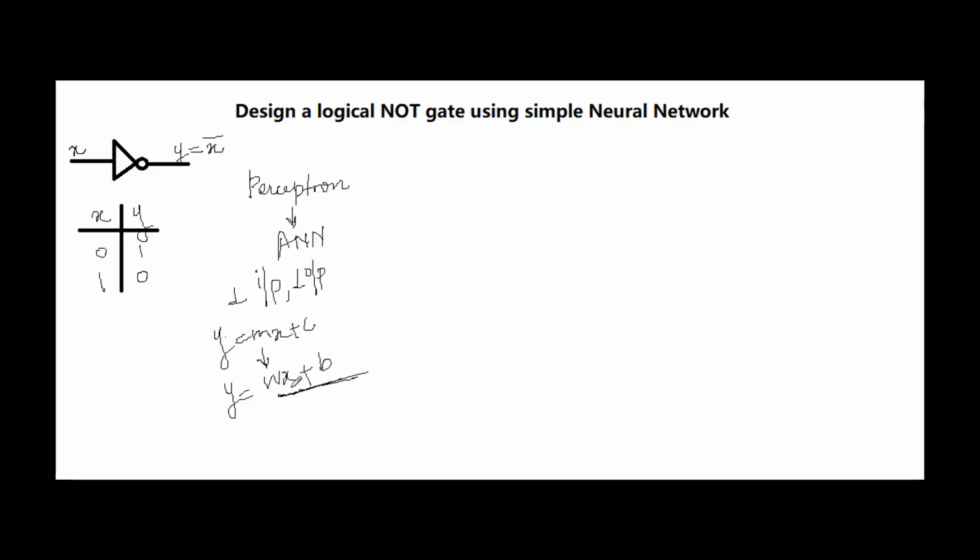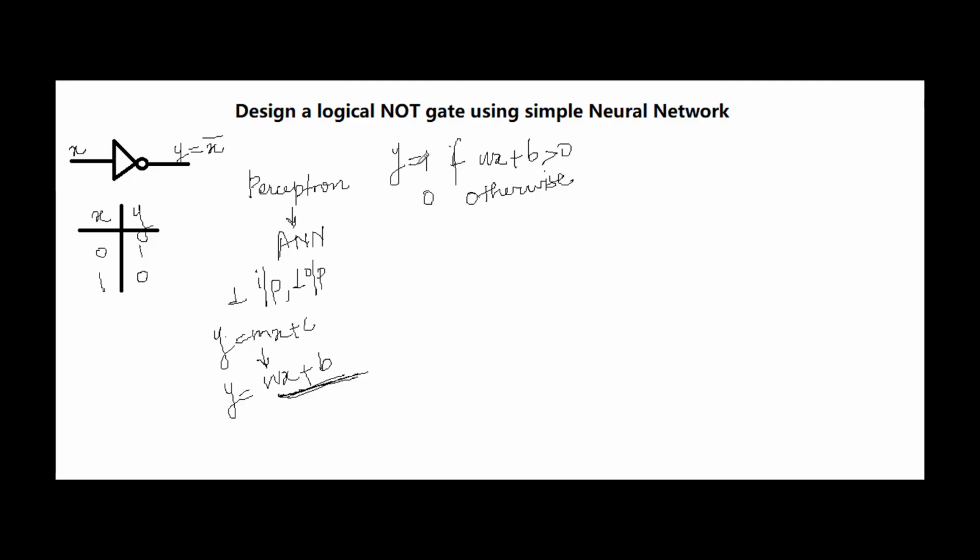Here we have a single input. Now for the perceptron we know the output formula. We get an output of 1 if and only if wx plus b is greater than 0. Otherwise, we get the value 0.